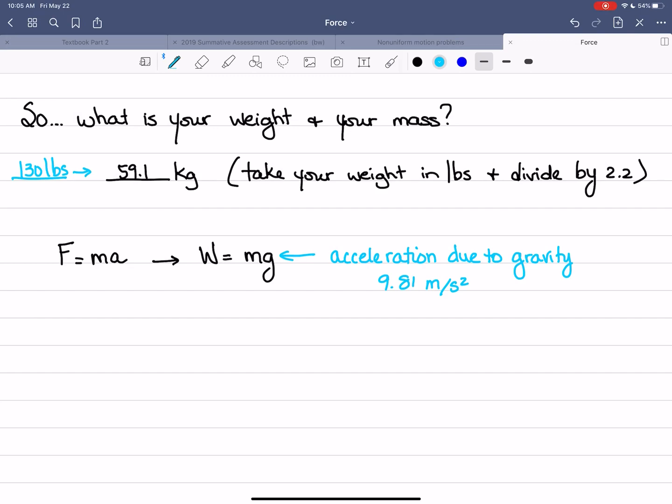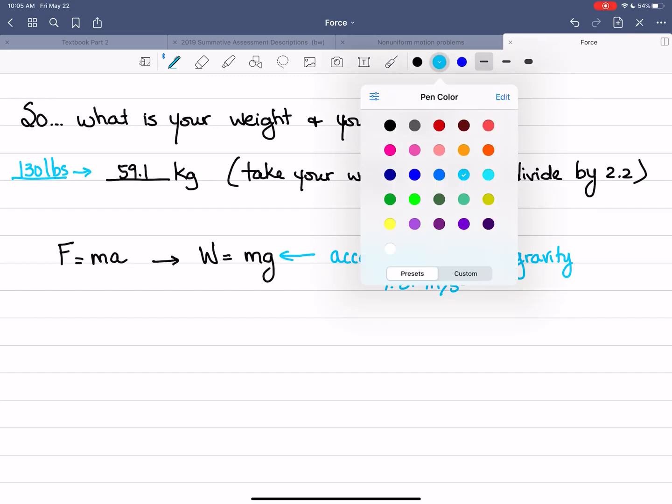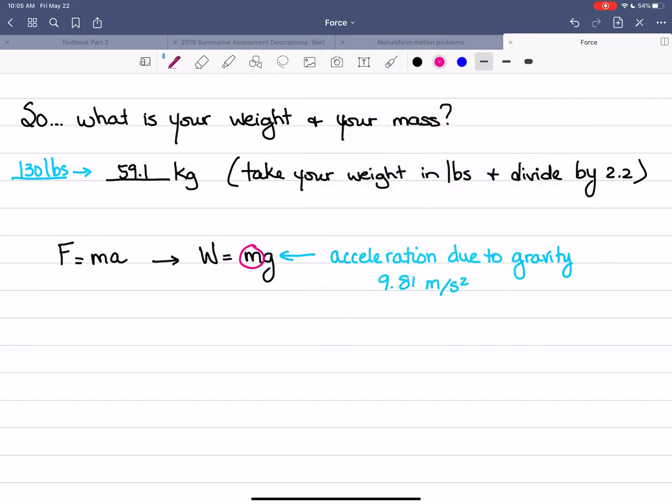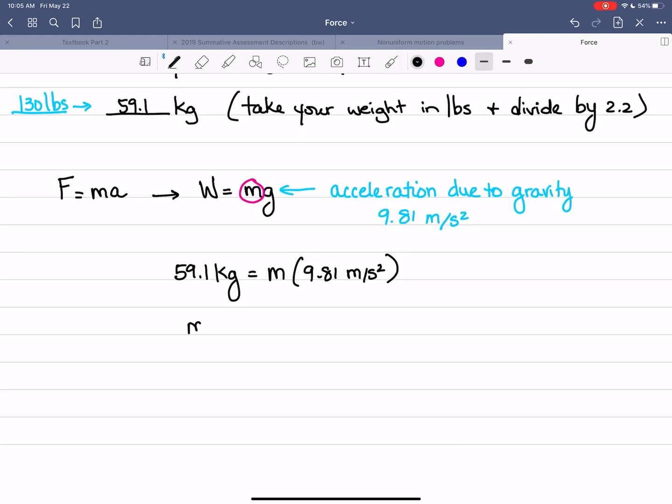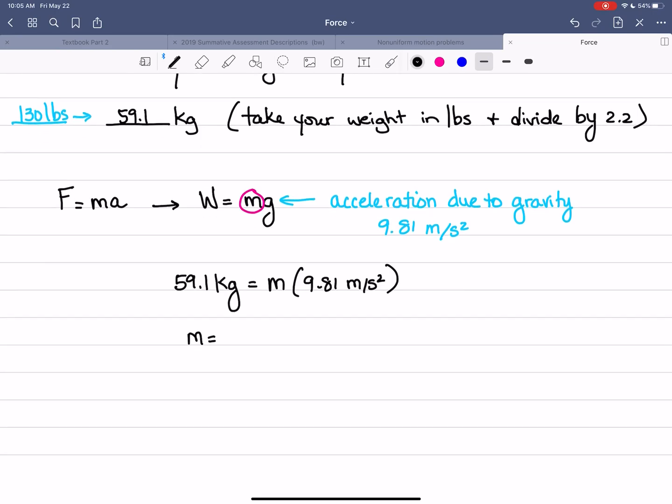So given that, I have to find mass. I have my weight, which is 59.1 kilograms. Mass is what I'm looking for, and 9.81 meters per second squared is the acceleration due to gravity. So I take 59.1 divided by 9.81, and I get 6.0 kilograms.